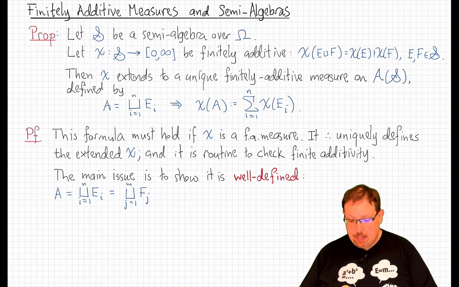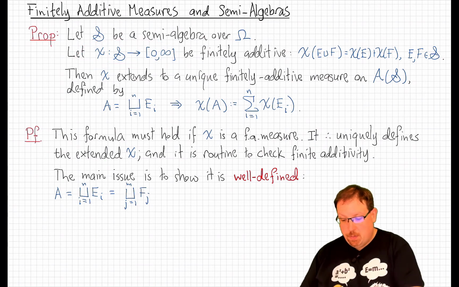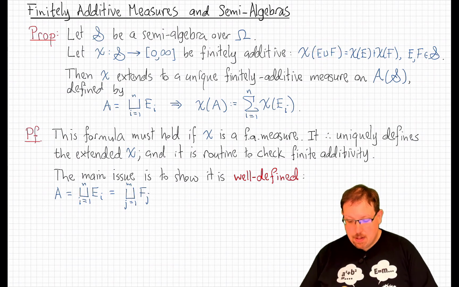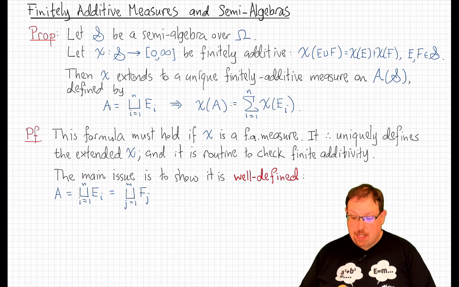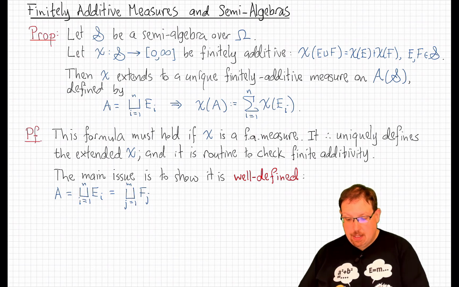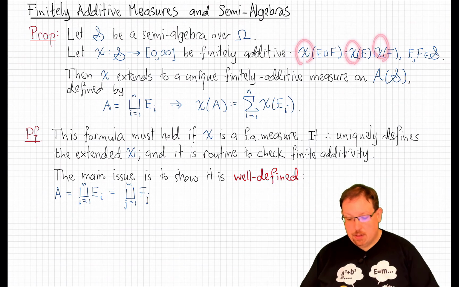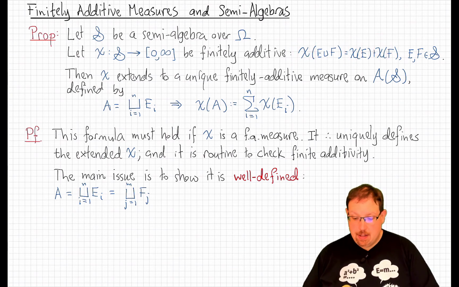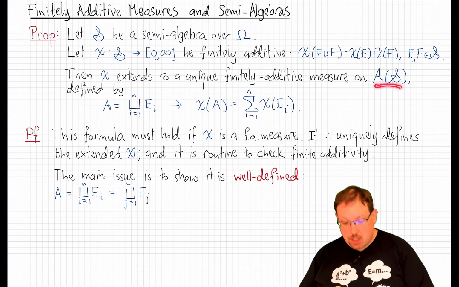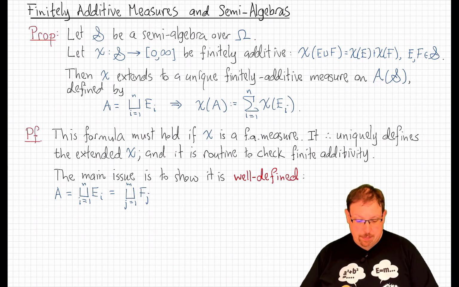That is to say, it's a positive valued function with the property that if I have any set in the semi-algebra that is a disjoint union of two other sets in the semi-algebra, then that function chi is additive over that disjoint union. In that situation, chi extends automatically to a unique finitely additive measure on the algebra generated by that semi-algebra.